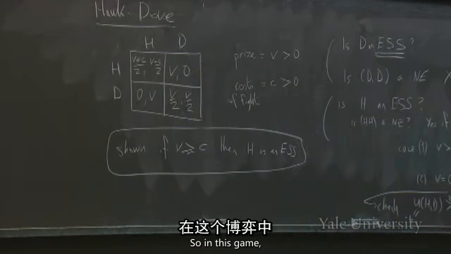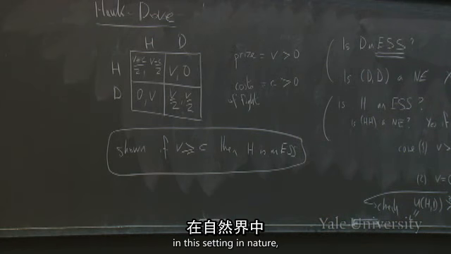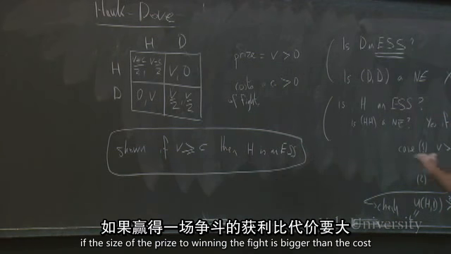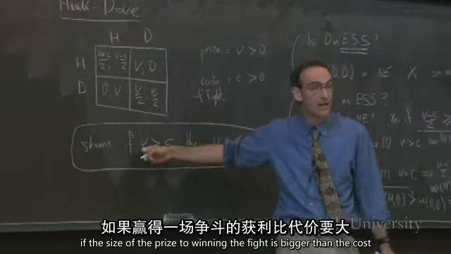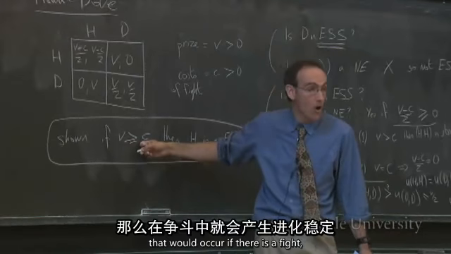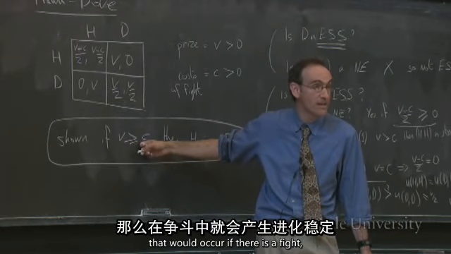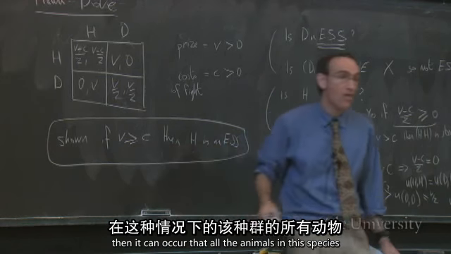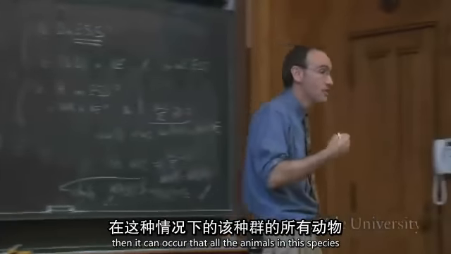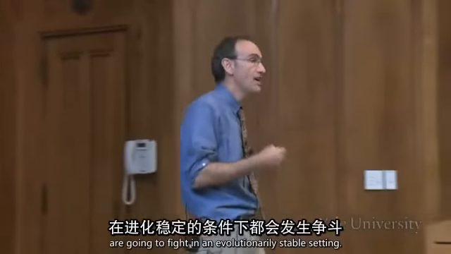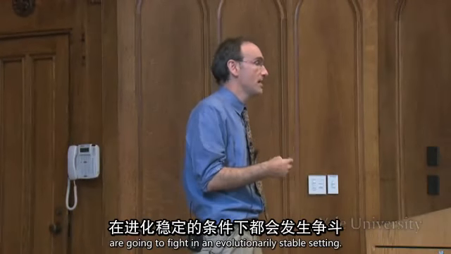So in this game, in this setting in nature, if the size of the prize to winning the fight is bigger than the costs that would occur if there is a fight, then it can occur that all the animals in this species are going to fight in an evolutionary stable setting.